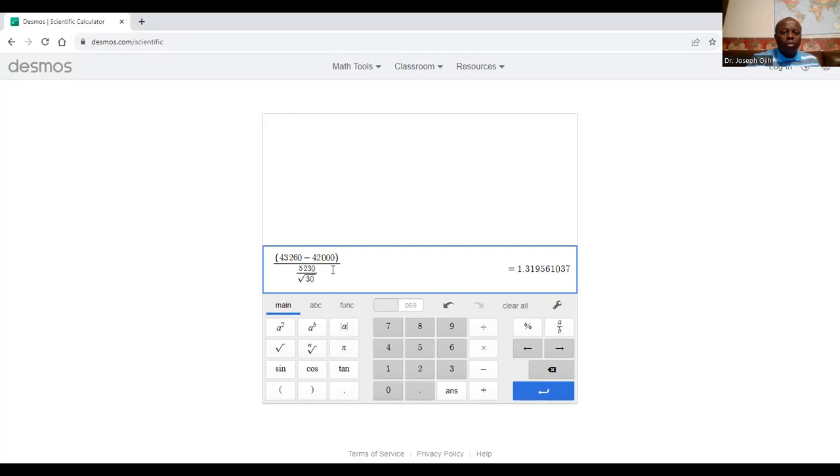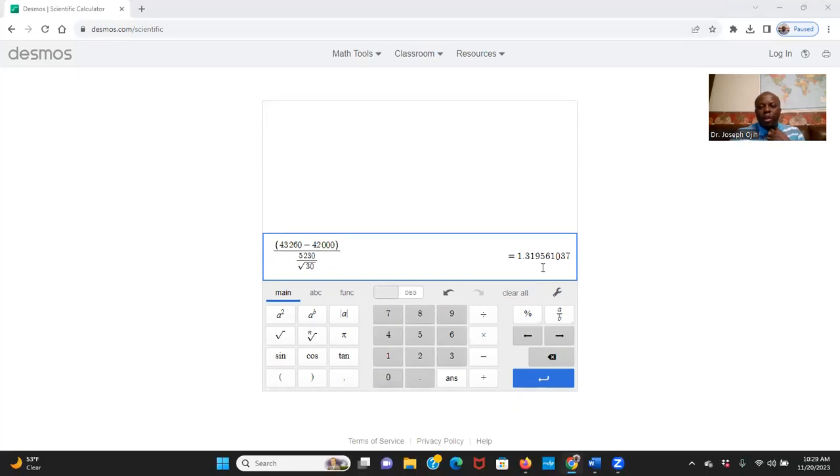So you can see everything on the screen here. We get 1.32 after you round it. So go there and put 1.32.